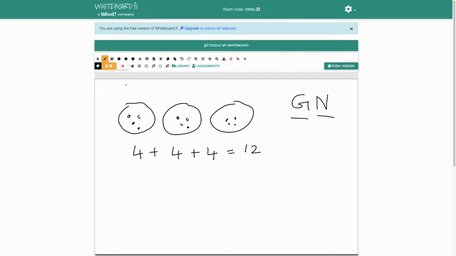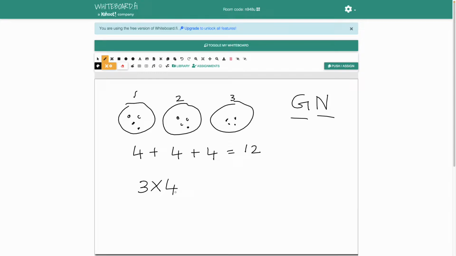So how many groups are there? 3. 1, 2, 3. So we have 3 groups. And then the numbers. How many numbers are there in each group? 4. So 4, 4, 4. So there are 4 numbers in each group. Since it's a multiplication sentence, we are going to use the multiplication sign.